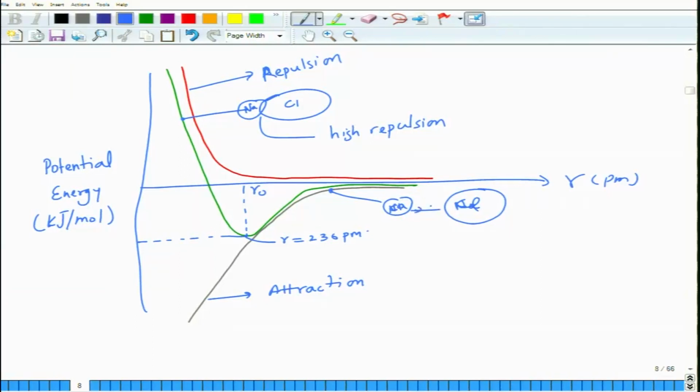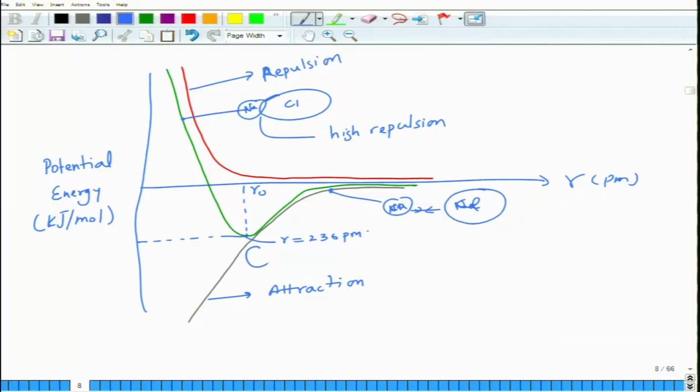They will tend to attract, but then they are too far off, so they become like isolated atoms. Chlorine is somewhere there, sodium is there, there is attraction, but that is a weak attraction. And then you are somewhere here, so that is where sodium and chlorine are happily without squashing each other, happy with each other.